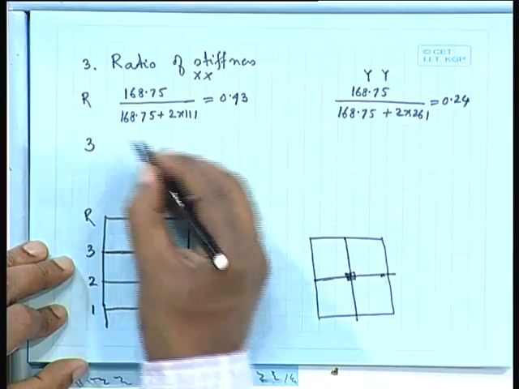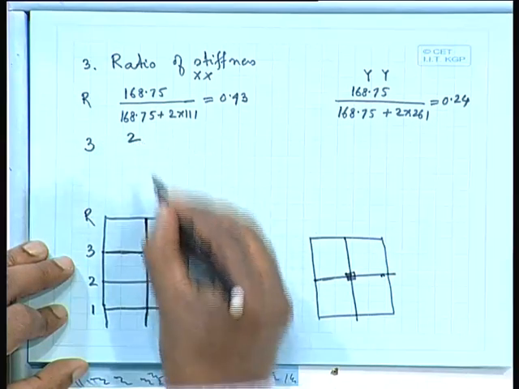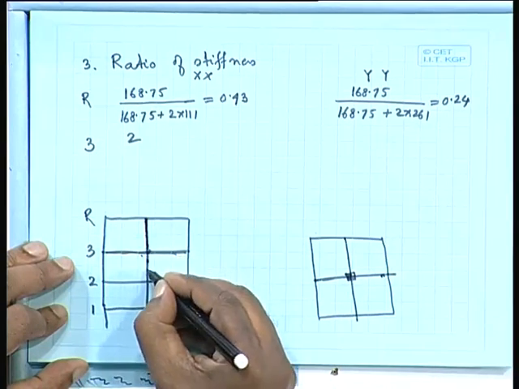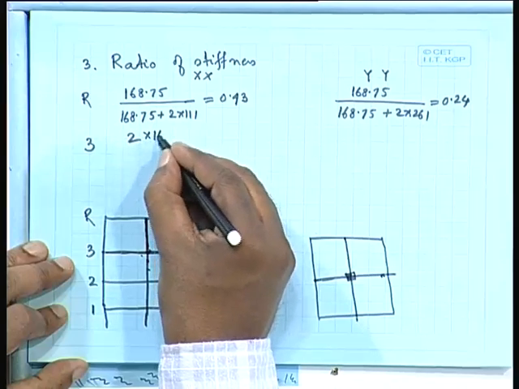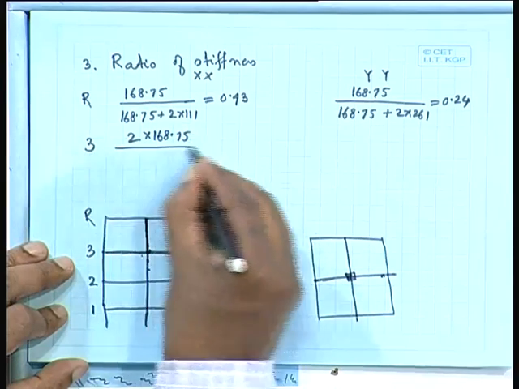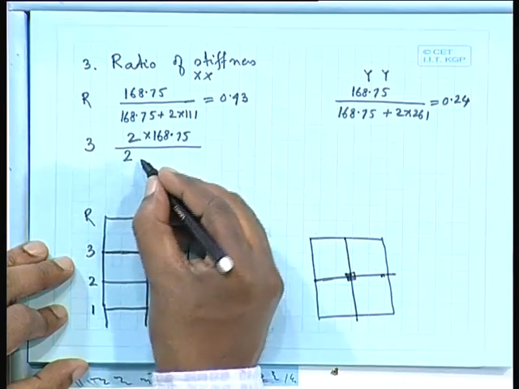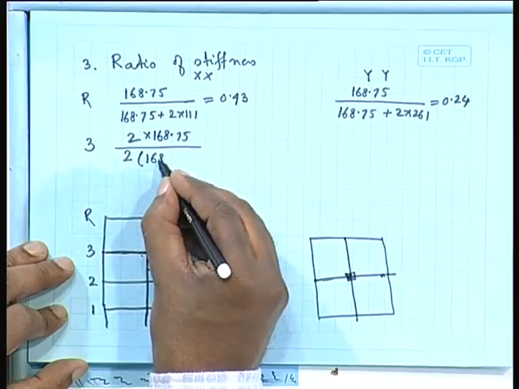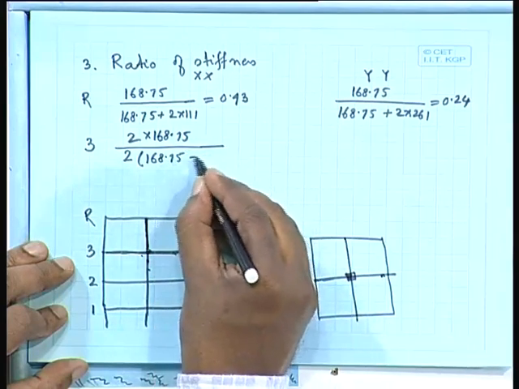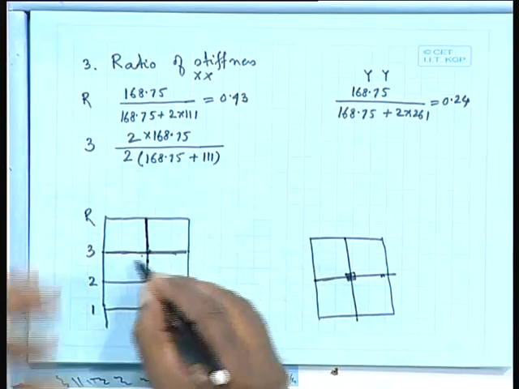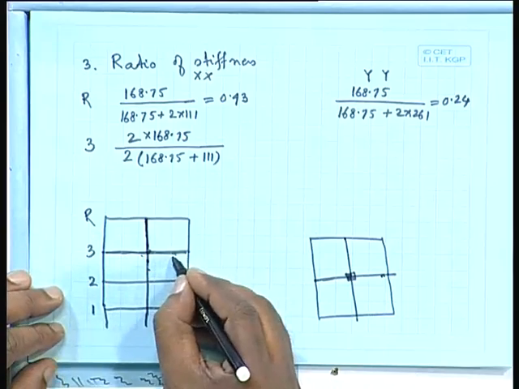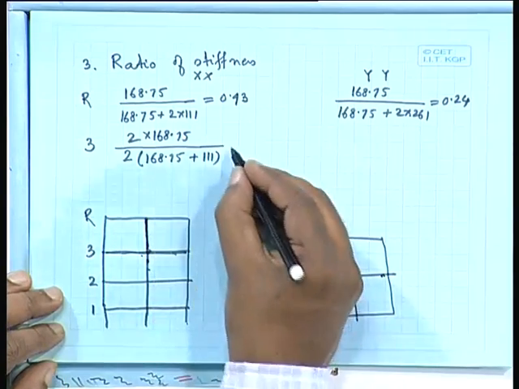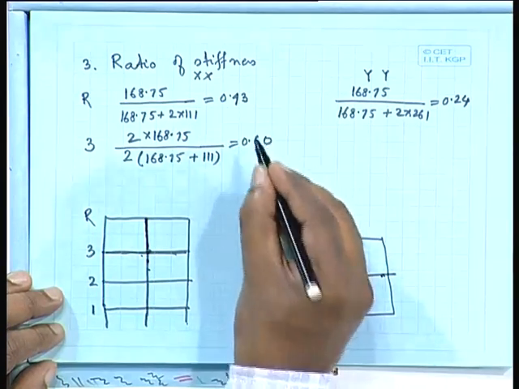So, number 3 it will be, but when you are talking about this one, then this column as well as this column. So, 2 into 168.75 divided by 2 times, I think I can write down both, plus 111. That means, you are having the beams, 2 beams and top and bottom columns, which is coming as 0.60.